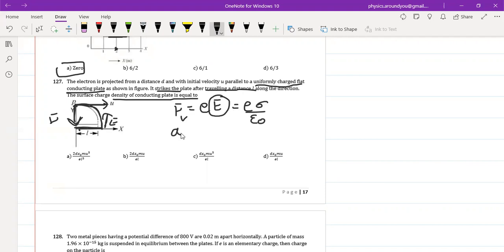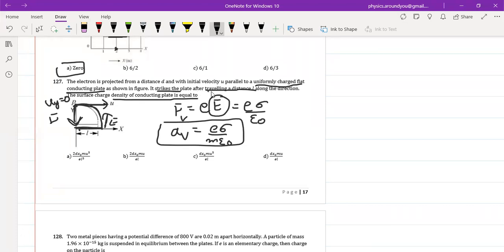What is the vertical acceleration? It is force by mass, which is e times sigma by m epsilon naught, where m is the mass of the electron, right? Now, the initial vertical velocity of the electron is 0.